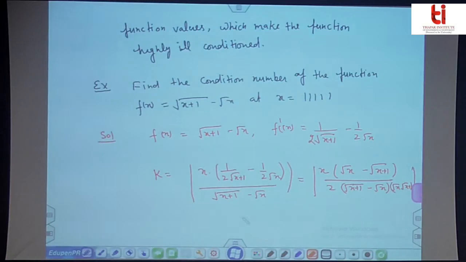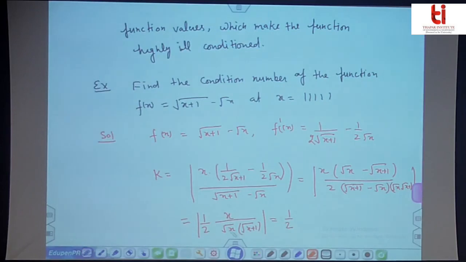I think this is the value. We are having here approximately 1 by 2, because we are getting under root x into under root x plus 1 multiplication. Okay, what it is coming out to be, 1 by 2.